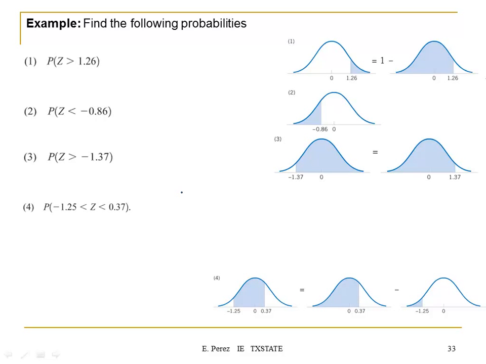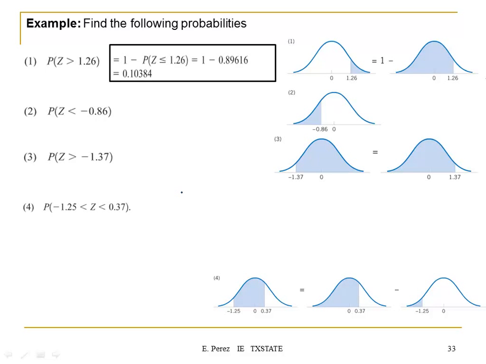Correct. You look at the complement. So the complement is 1 minus this area. Is that clear? So if you want to find that probability from the table, you need to look at the complement, 1 minus the probability of Z being less than or equal to 1.26.